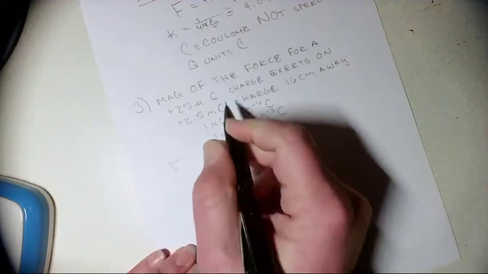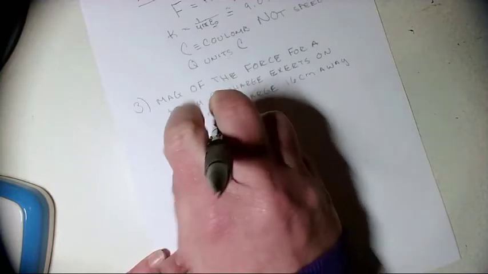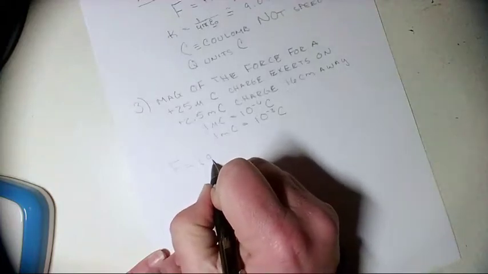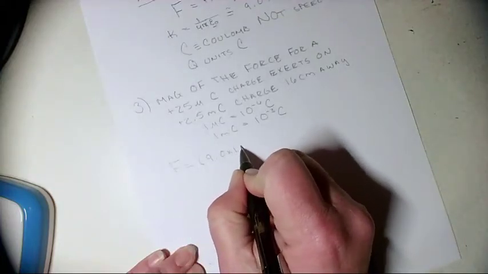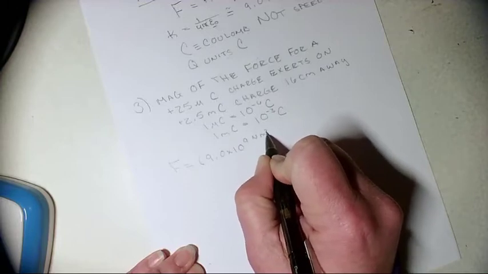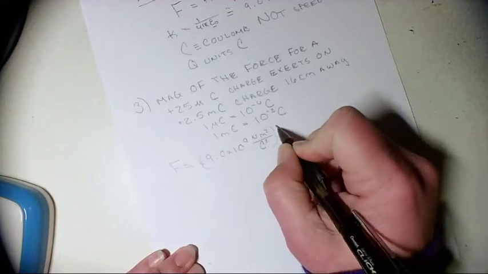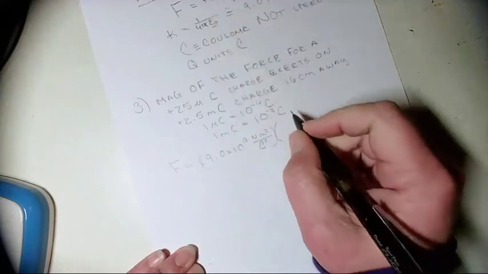So the net force experienced is our K. Well, we'll use numbers instead of just K. It's our 9.0 times 10 to the 9th newton meters squared over C squared, times our Q's.